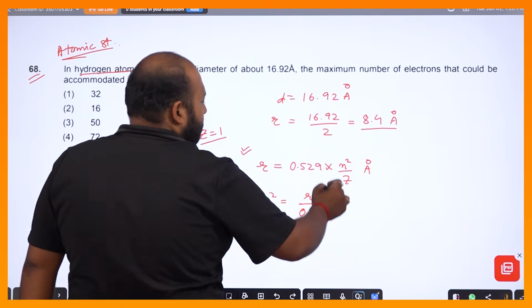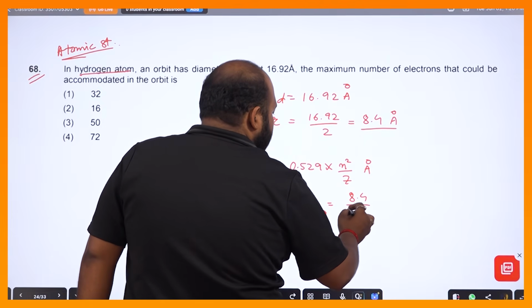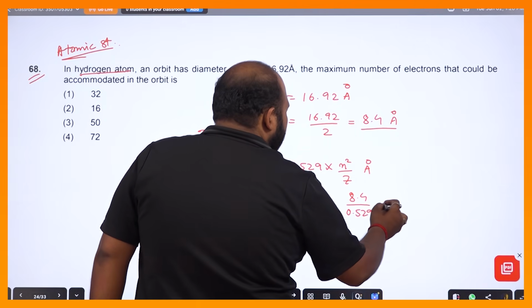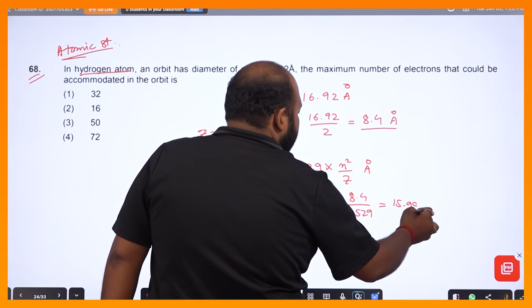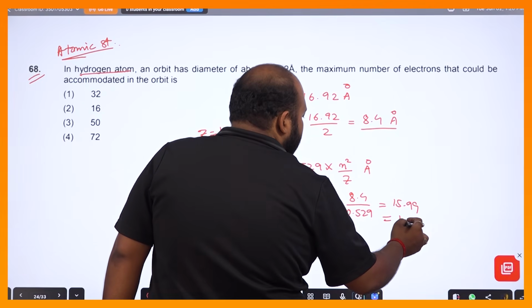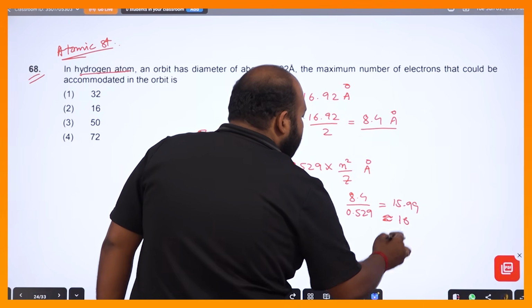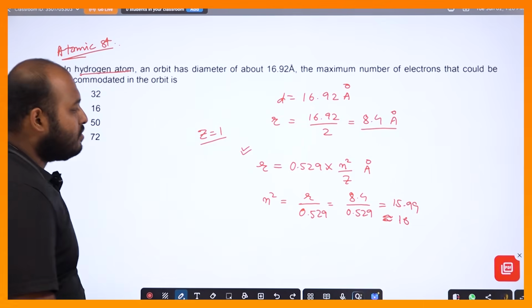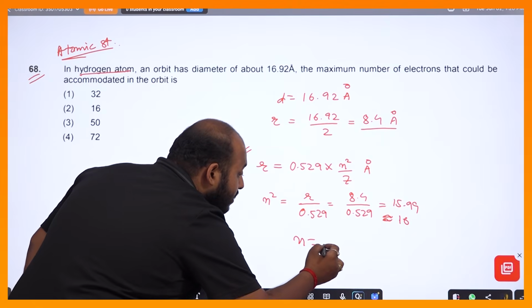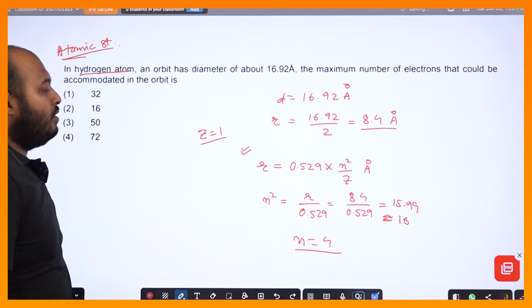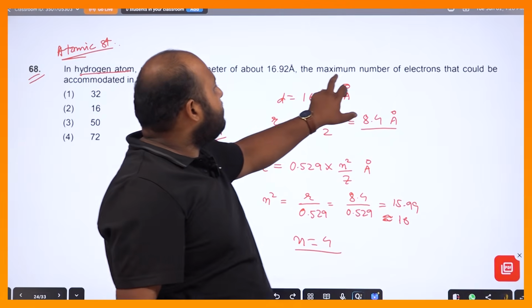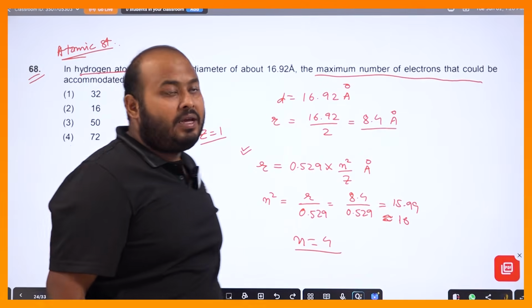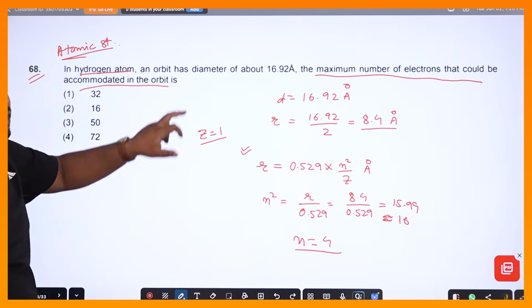So R is 8.4 by 0.529, so it will be around 15.99, and we can consider it around 16. So the value of n will be 4. Now it is asking the maximum number of electrons that could be accommodated in the orbit.